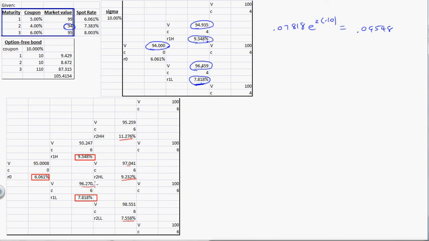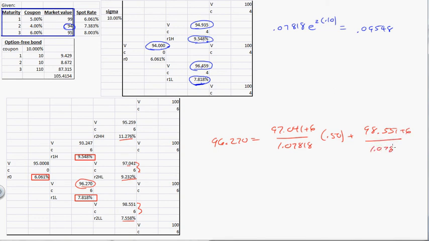So where does this price come from? Where is that 96.27? 96.27 is equal to the 97.041 plus 6 over 1.07818, and that's times the 50% chance, plus, if you go down, 98.551 plus 6 over 1.07818, and there's a 50% chance.